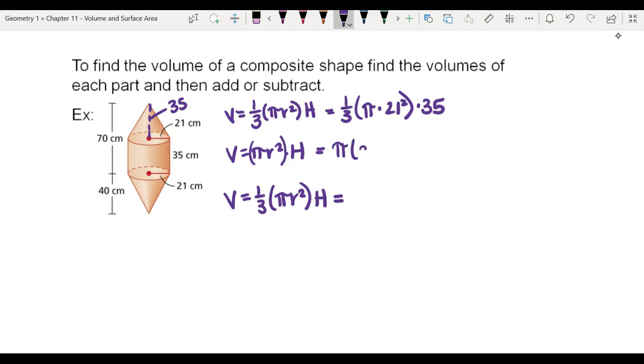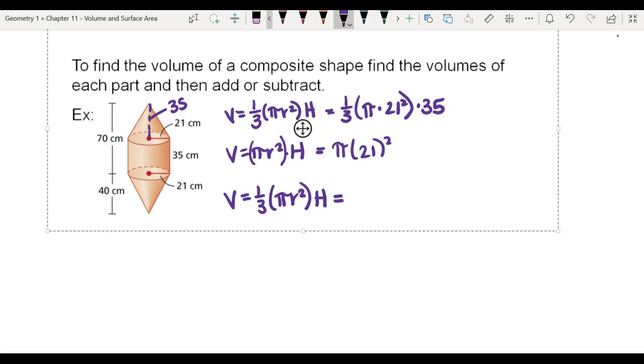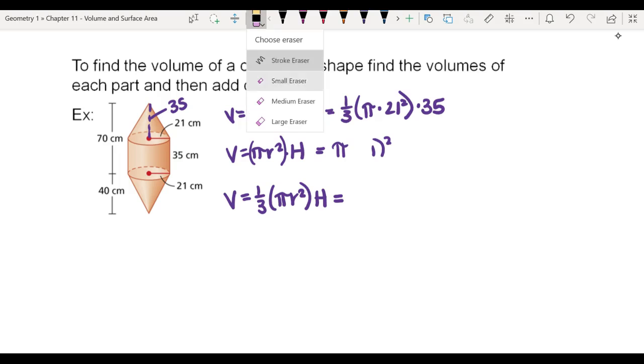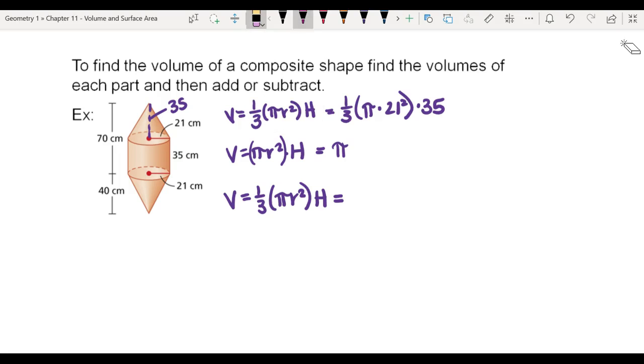So it'd be pi times 21 squared times 35. I put my parentheses in the wrong spot, let's fix that. And the last one, the radius is also 21, but the height of that one is 40.